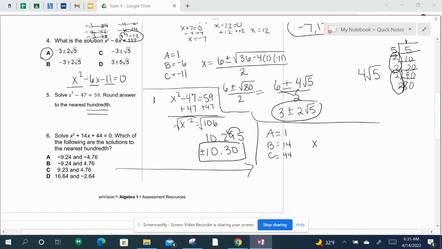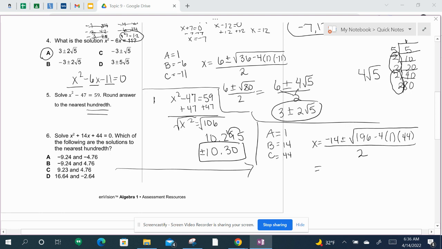And I'd start with x equals the opposite of B, negative 14, plus or minus the square root of B squared. So 14 squared, that's 196, minus 4 times A, which is 1, times C, which is 44, all divided by 2 times A, which would just be a 2 here.